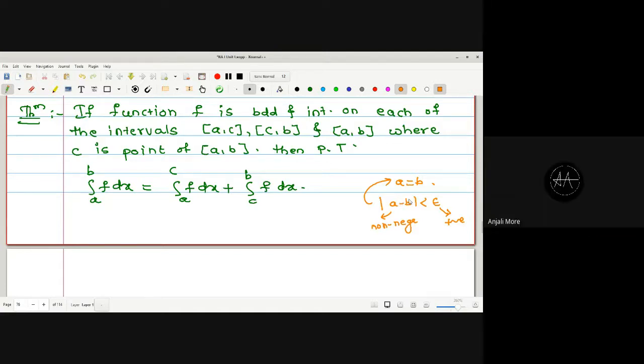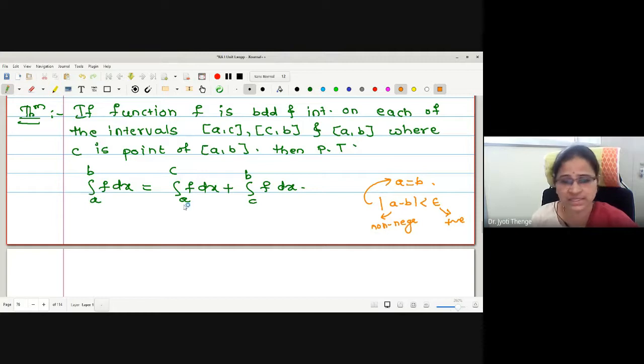Yes, ma'am. Therefore, while proving this equality also, we are going to show that the left hand side minus right hand side, under the modulus, is less than epsilon, which will prove that left hand side is equal to right hand side.